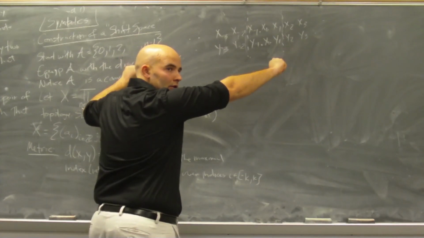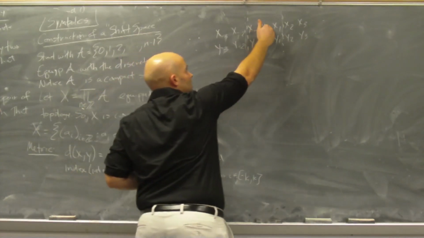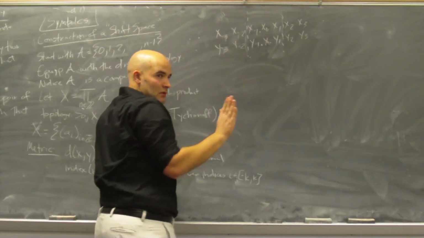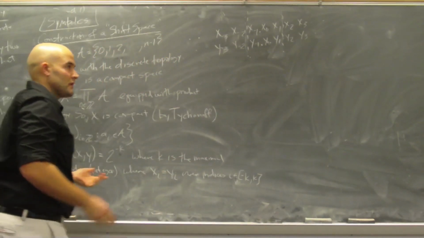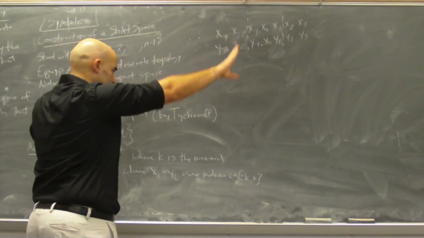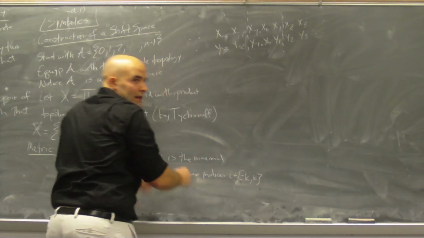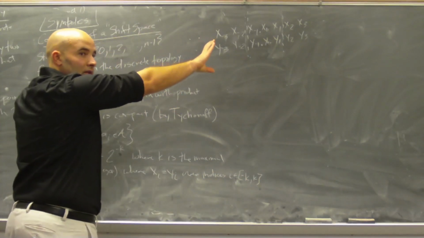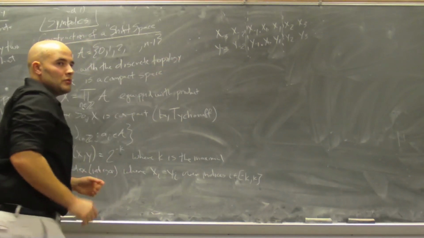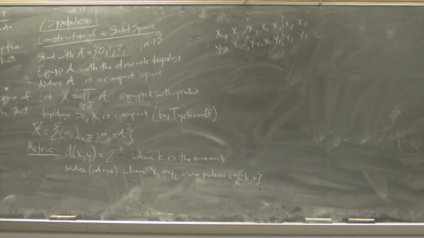If x_0 and y_0 are not the same, there's nowhere else to go, and you know where your metric is. But if they are the same, you go one spot each way, over equal lengths each way, and you keep going until you run into a spot where they just don't match up anymore. Wherever that happens is where the metric is determined.